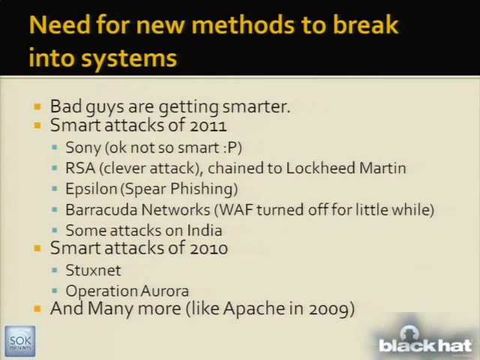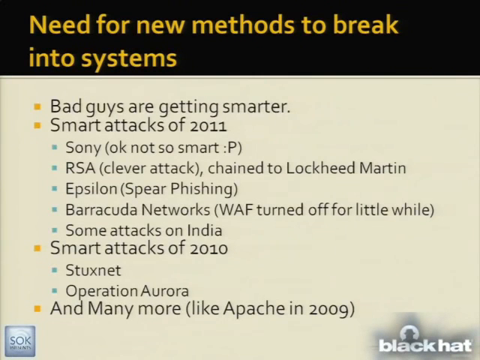Sony, RSA, which is reportedly chained to Lockheed Martin and God knows how many organizations. Epsilon, it was a spear phishing attack as far as I know, which is a good way to own this much data. Barracuda Networks, as per them at least, turned off their WAF only for a few hours.